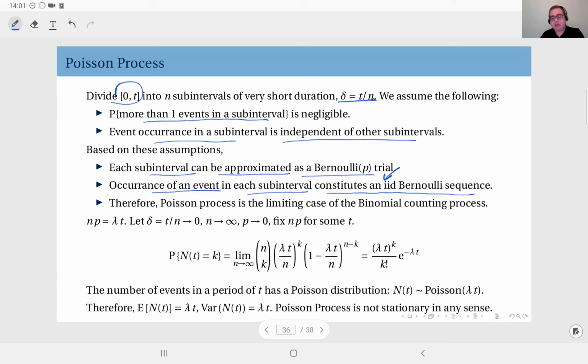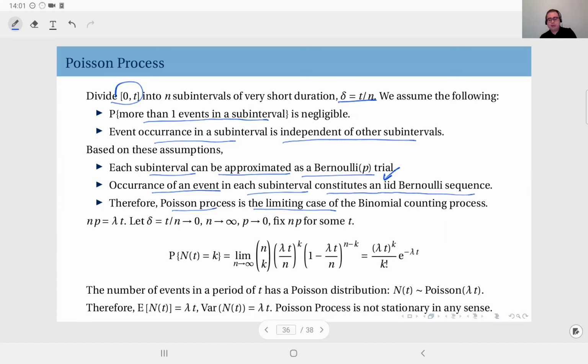Then we have an IID Bernoulli sequence. Therefore, the Poisson process will become the limiting case of the binomial counting process. So as you see, it's very parallel to the Poisson distribution. If you remember, the Poisson random variable was the limiting case of a binomial distribution where n goes to infinity, p goes to 0, but n times p was constant and equal to lambda.